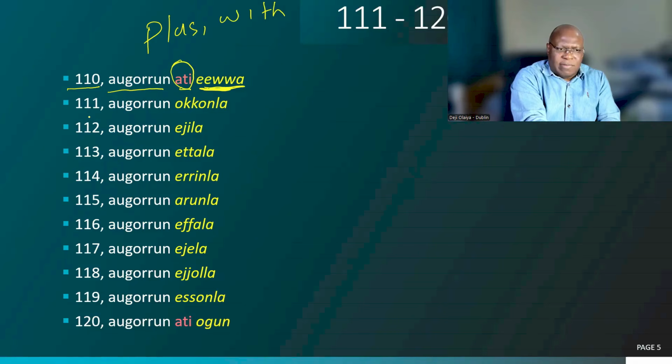Now, 111. Remember that 11 is ọ̀kànlá. So this is ọgọ́rùn-ún ọ̀kànlá, 111. The same 112, ọgọ́rùn-ún èjìlá, 113, ọgọ́rùn-ún ẹ̀tàlá, 114, ọgọ́rùn-ún ẹ̀rìnlá, 115, ọgọ́rùn-ún àrùnlá, 116, ọgọ́rùn-ún ẹ̀fàlá, 117, ọgọ́rùn-ún èjèlá, 118, ọgọ́rùn-ún ẹ̀jọ̀lá, 119, ọgọ́rùn-ún ẹ̀sànlá, 120, ọgọ́rùn-ún àti ogún.